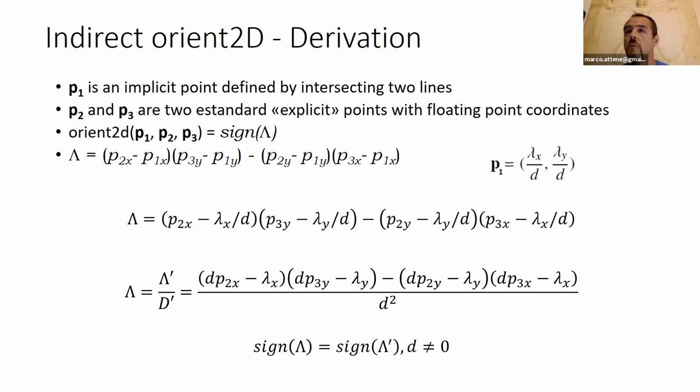So both the numerator and the denominator are expressions on input values, and hence can be filtered using classical semi-static filters. So in this case, we are using the intersection of two lines, and we are injecting this expression in the expression of the predicate, which is in this case the standard orientation. Then we just measure the sign of this lambda prime and d prime to know the final sign of the predicate. And all of this is exact if the filter succeeds.